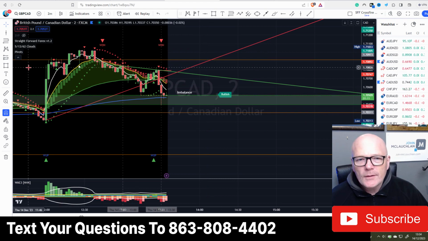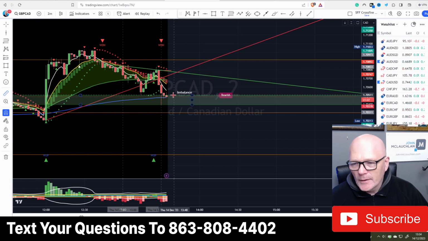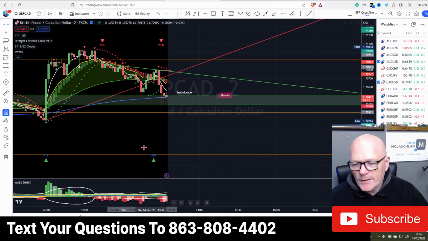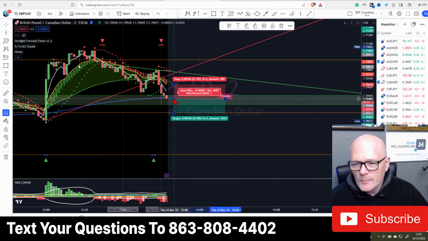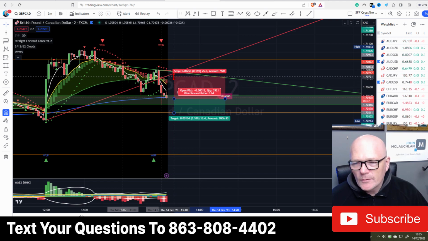So look at this one. This is the pound Canadian. It's going for the downside, and right now we've got 10 pips down to here. This is getting quite interesting, because if we put a trade on this, if we shorted this one, we went to there. Now the only thing is my stop loss, I kind of want my stop loss here, which, whoa, that's way too far away.